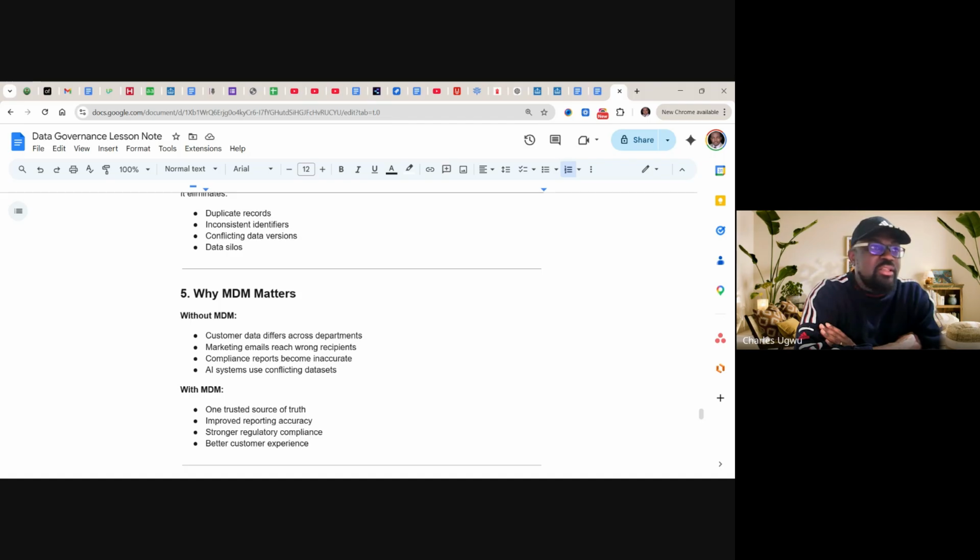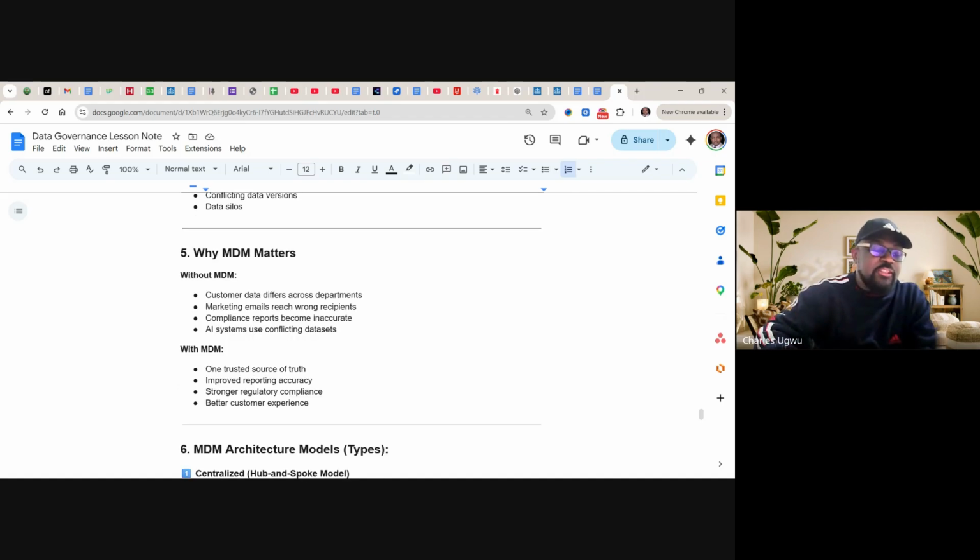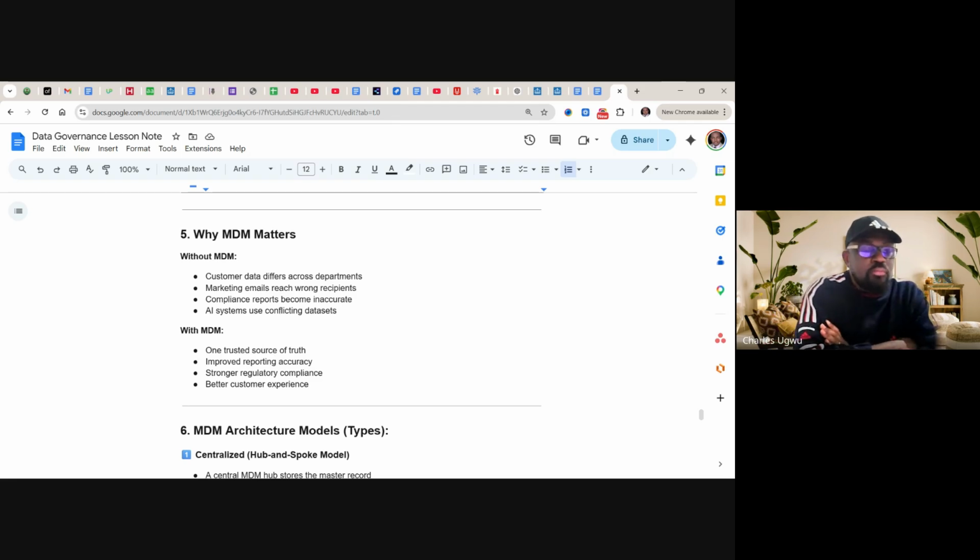Any little change, any little update reflects across everybody that is sharing that particular data set. So master data improves reporting accuracy, strong regulation compliance, and better customer experience.